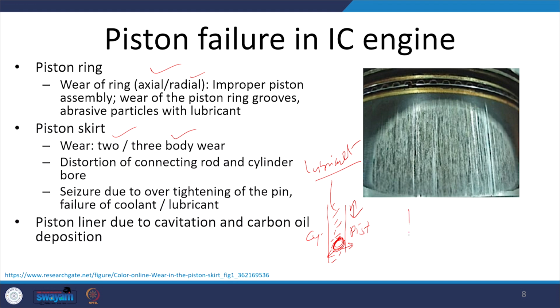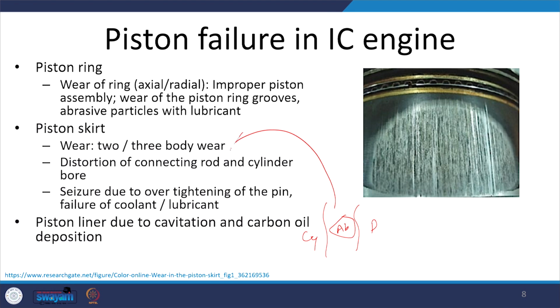When there is direct rubbing between the piston and cylinder due to failure of lubricant, it leads to two body wear, when the two bodies are interacting directly. But when there is an abrasive particle between the two bodies, with the piston on one side, the cylinder liner on the other, and the abrasive particle in between, that leads to three body wear.